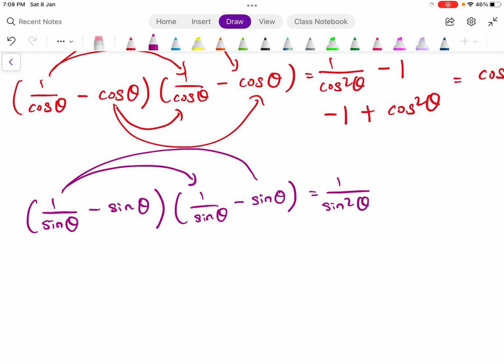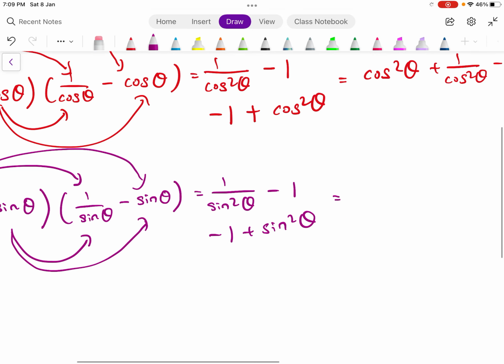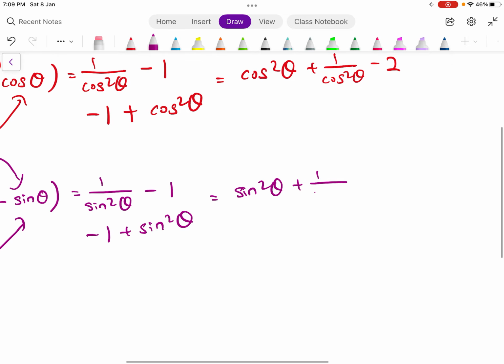Then this is where the cancellation is, minus 1. And the third part, minus 1. Last part, plus sine square theta. So of course I do a bit of manipulation. I should get sine square theta plus 1 over sine square theta, then minus 2. So the second part is done.